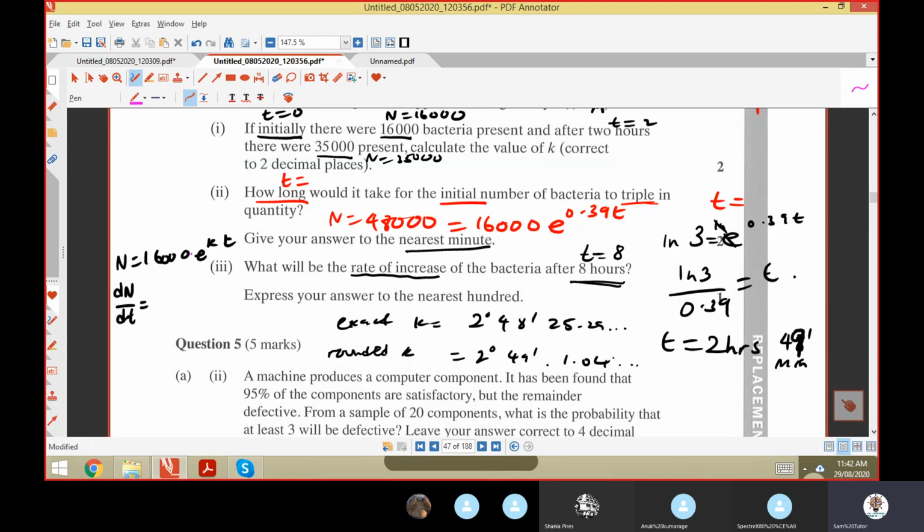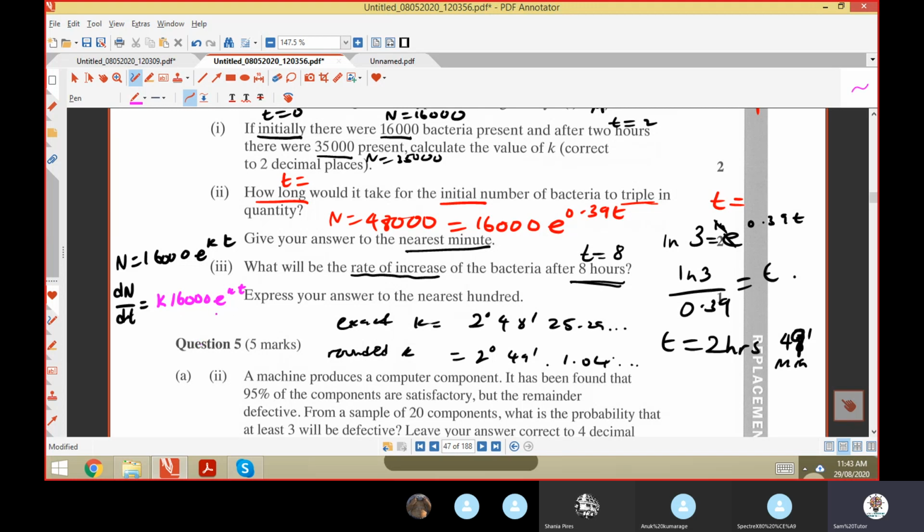What's the derivative of 16,000 e^(kt)? Oh, no, k in front. Okay, k times 16,000 e^(kt). Differentiate the kt, which is k, because you differentiate with respect to time. So it's just k, and then you keep the exponential the same.